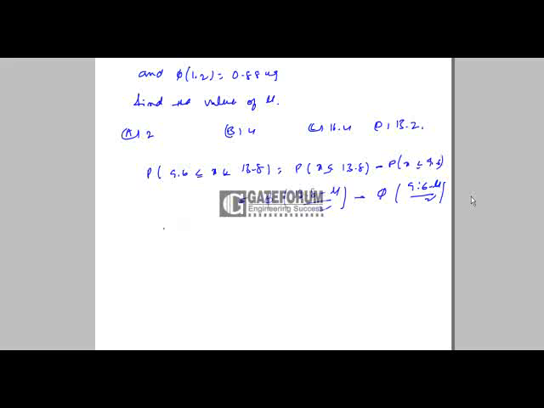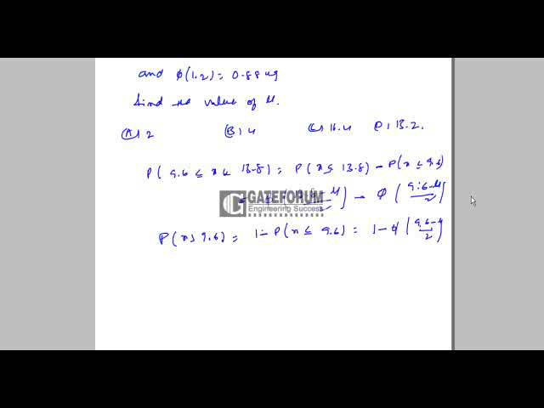And P of X greater than 9.6 is equal to 1 minus P of X less than or equal to 9.6, which is equal to 1 minus phi of (9.6 minus mu) by 2.